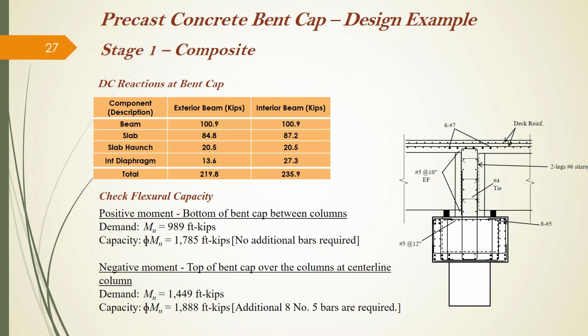We see that, at least for this example, there will be no need for any bottom reinforcement, but we need to add additional number 5 bars in the slab area to ensure that the negative moment demands are met. Next slide, please.